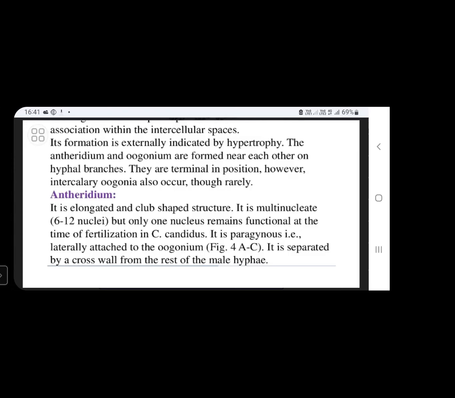That is the functional nucleus. This functional single nucleus is involved in the fertilization. So what kind of fertilization will take place here? Paragynous type of fertilization. Here, antheridium and oogonium are developed side by side, so these two come into contact with each other easily during the fertilization process.